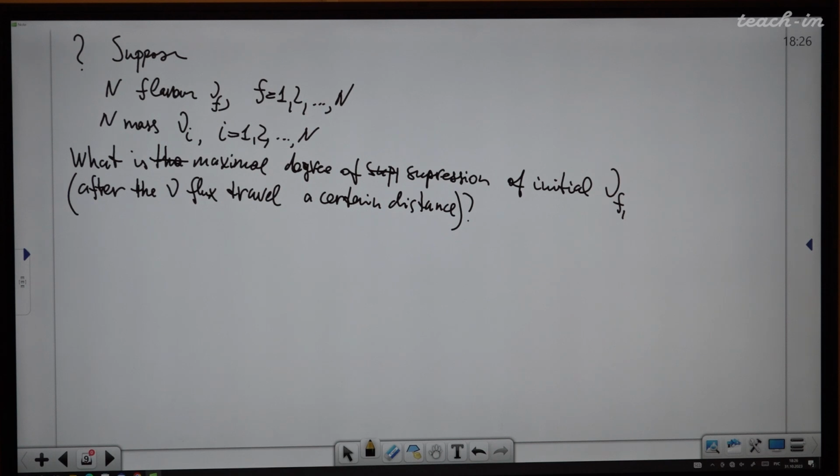The suppression of solar electron neutrinos, according to the results of the experiments done by Davis, was 1/3. So it exactly corresponds to the fact that there are 3 mass states and 3 flavor states. That is the end of the game, yeah?